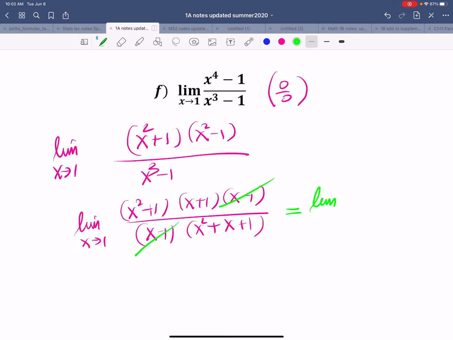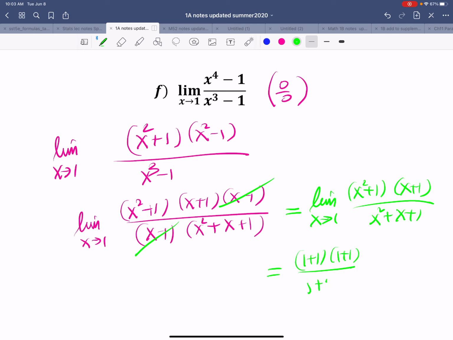Let's see if the remaining function is continuous, and we can plug in 1 for x and see if that gives me a finite number. If it does, then that's my limit. So I have 1 squared plus 1, 1 plus 1, over 1 squared plus 1 plus 1. The numerator turns out to be 2 times 2, which is 4, divided by 3. And that turns out to be my limit.